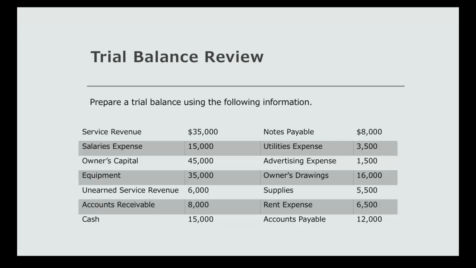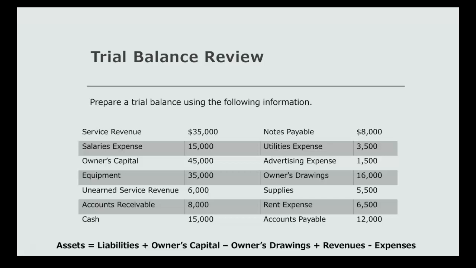They're all mixed together. So we should go through here and figure out which accounts would go in which order, which accounts are assets, which accounts are liabilities. That way, when we're preparing a trial balance, we aren't going to miss any potential accounts.